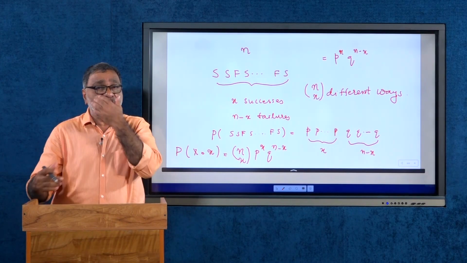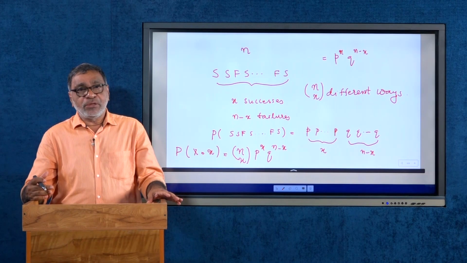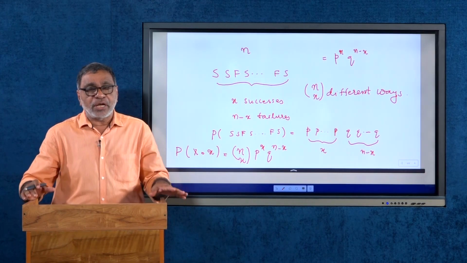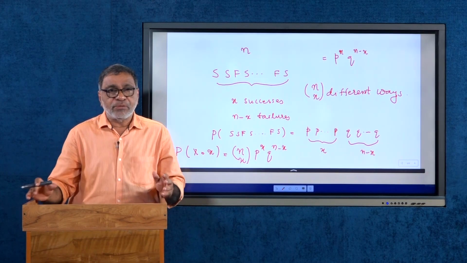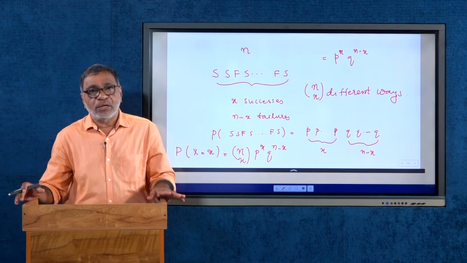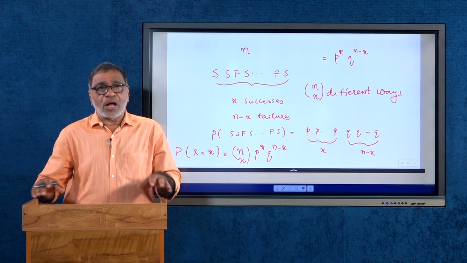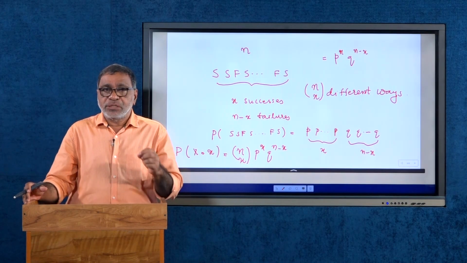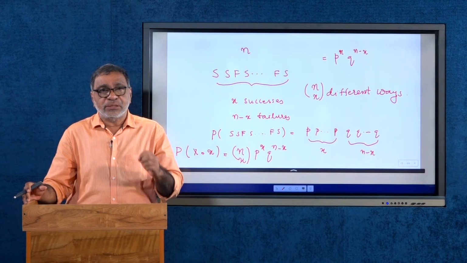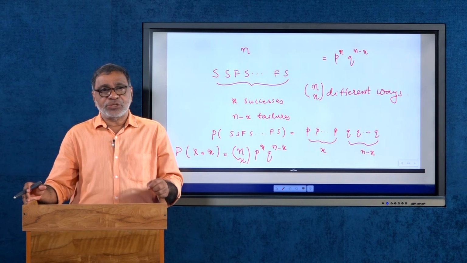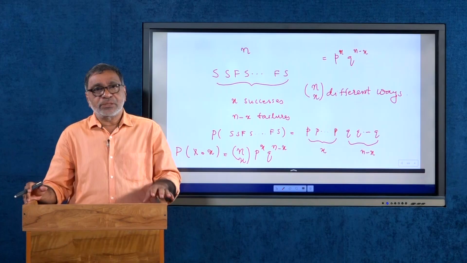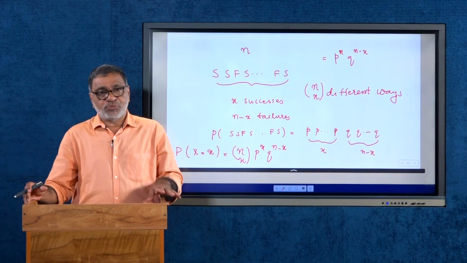Let me repeat again. Consider a random experiment of a Bernoulli sequence of n trials with the probability of success p and probability of failure 1 minus p, denoted by q. Our aim is to find the probability of getting x successes out of n trials. Of course, if there are x successes, there will be n minus x failures.